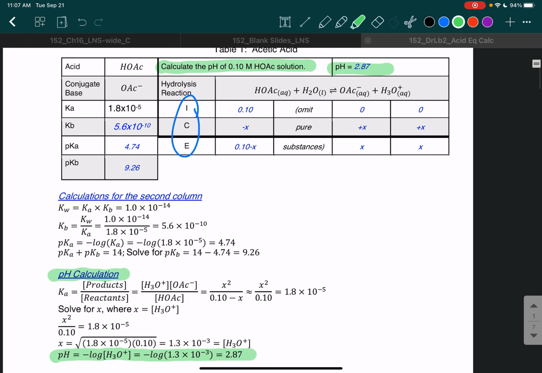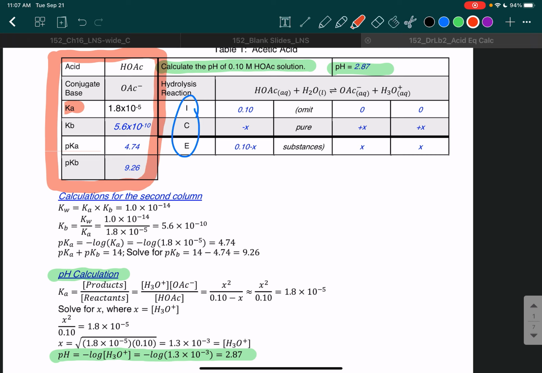And then the other little tidbit that you see here is this side of the table. You don't have to draw this for an ICE table for the test or anything like that, okay? It's just an extra table I put in there because there's a whole set of calculations associated with the equilibrium constants that are associated with weak acids and weak bases. And I'll go over that today as well, all right?